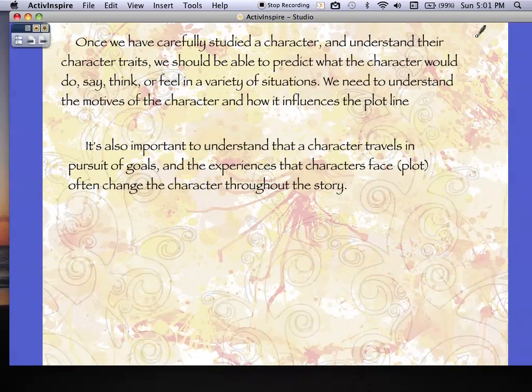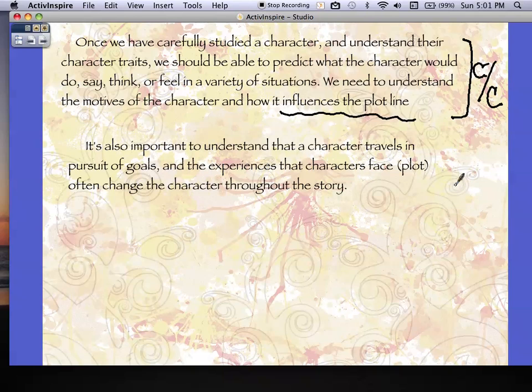Once you've looked at a character and you understand their traits, what they're like, then you should be able to predict what they're going to do, say, or think. And here's where the annotation of contradict and contrast comes in. Once you've gotten a feeling for their character in the exposition, as soon as they do something that contradicts or contrasts what you expect, then you begin to look for influences on the plot line.